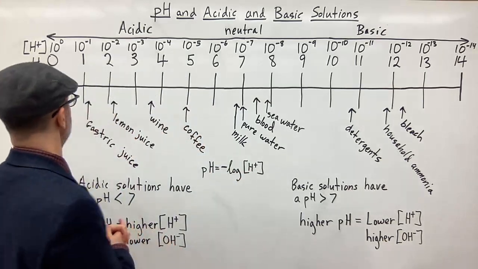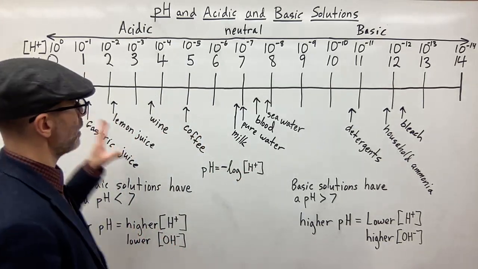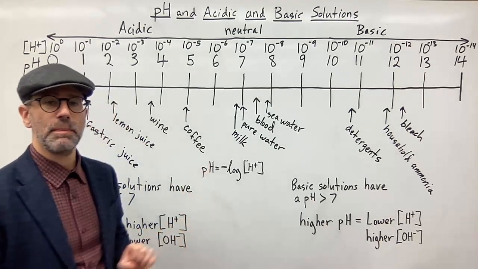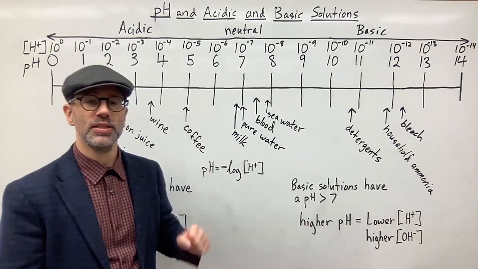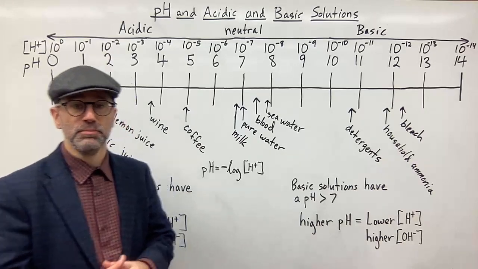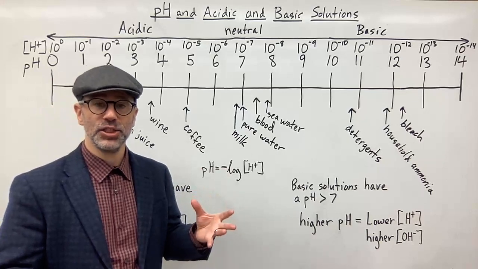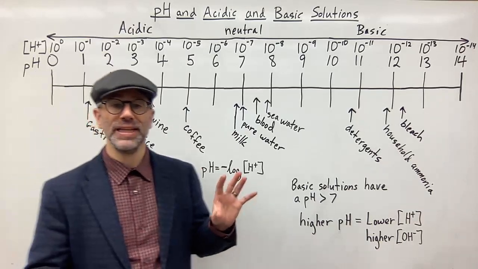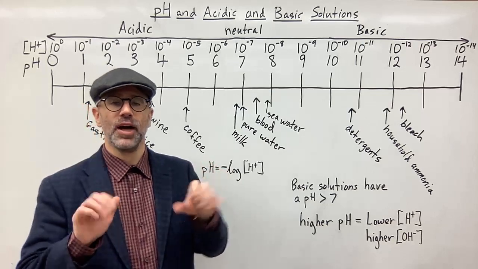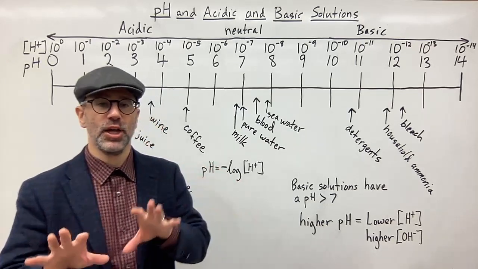Okay, so let's talk about what pH is actually a measure of. pH is a measurement of H plus concentration. So that's your acid. H plus concentration is related to hydroxide ion concentration. They are kind of inverse of each other.